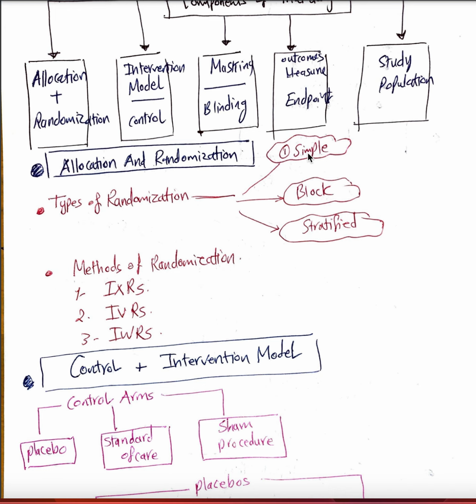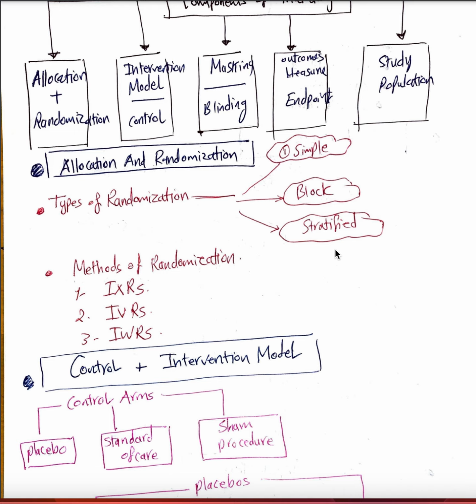It's simple: there are no categories or classifications of the patients, and we just choose them randomly. About block randomization, we subdivide the participants into groups of equal numbers of people, and each group has the same number as the others. We call them blocks because we subdivide into blocks.